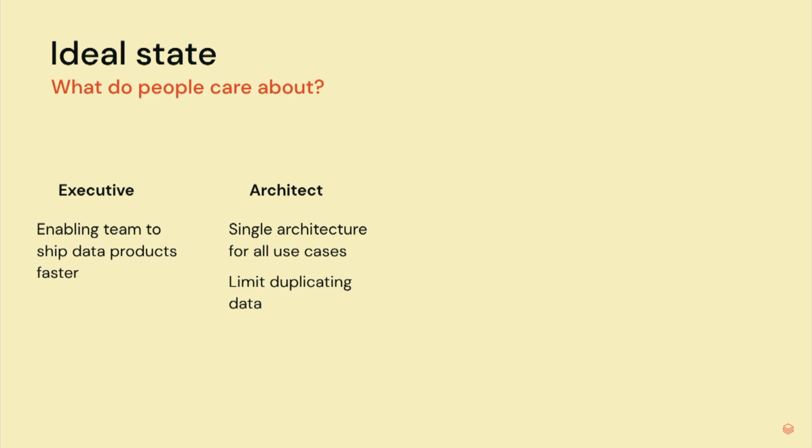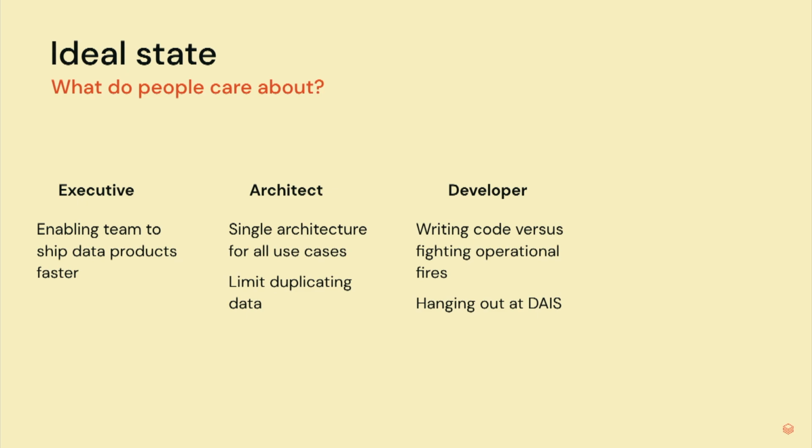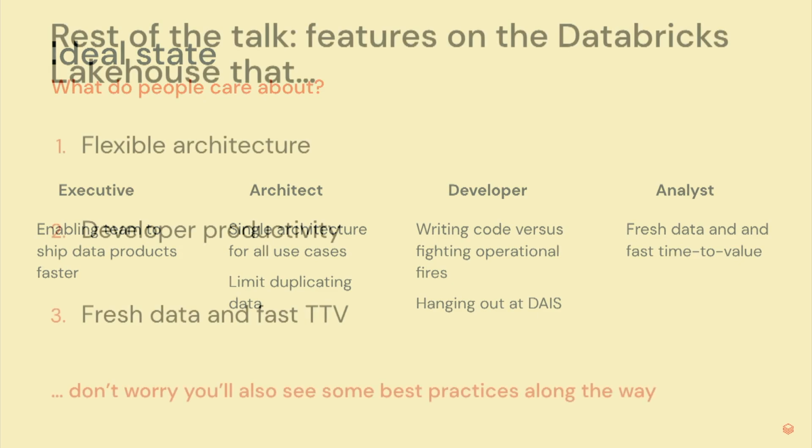Some are one-trick ponies, but they would love to get down to a single architecture. They want to stop duplicating data. The developer basically wants to actually write code instead of fighting operational fires, and they also want to hang out at Data and AI Summit, hopefully. That's why you're here. And analysts would love some fresh data and a faster time to value.